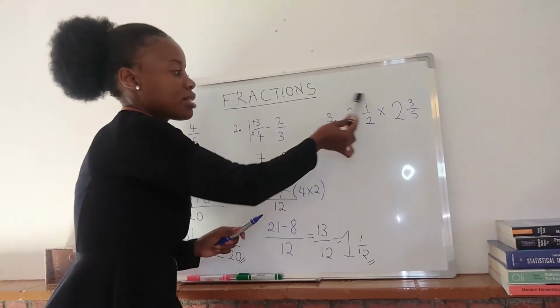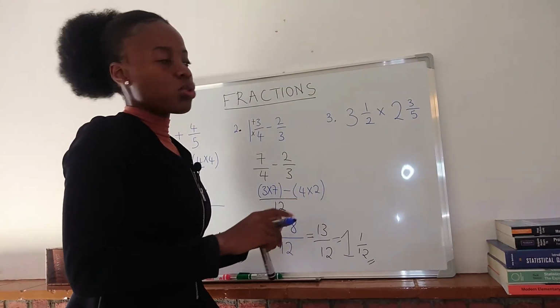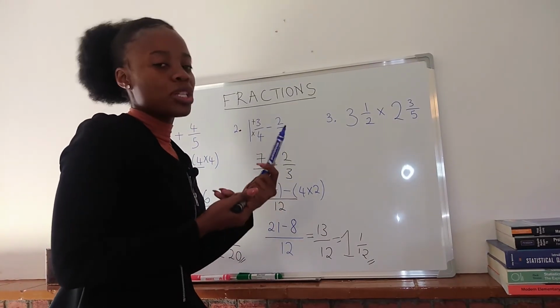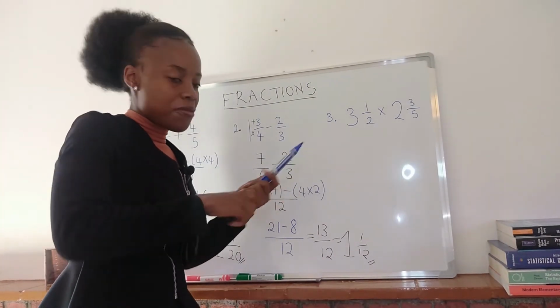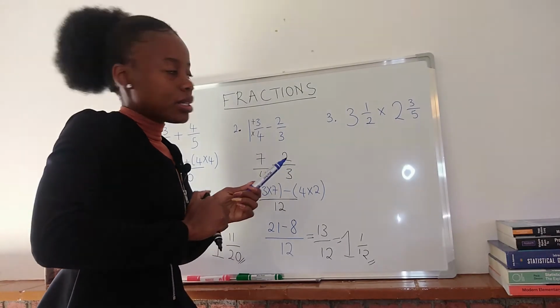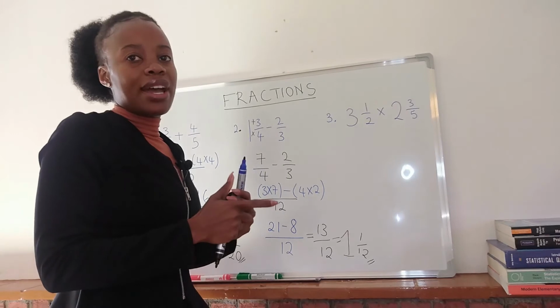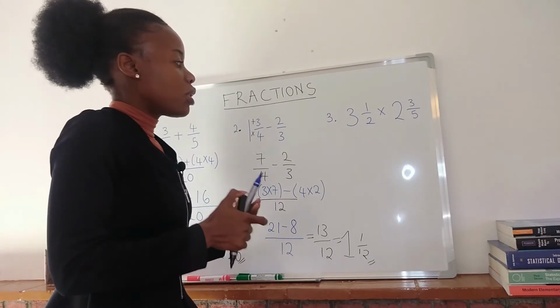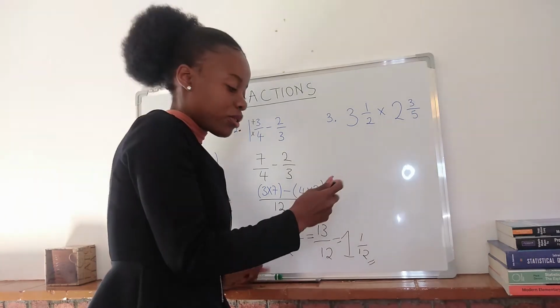You can see that we have two mixed fractions. Change them into improper fractions, right? So we have 3 and 1 over 2, and 2 and 3 over 5. We're going to change these into improper fractions.